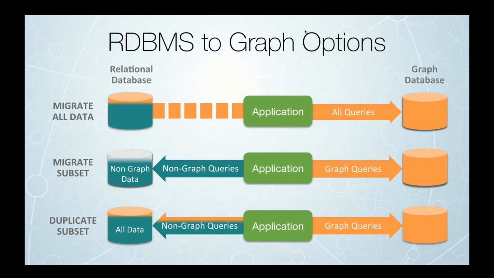And the third option here is to duplicate a subset of our data. So we may still write all of our data to the relational database, but we're only migrating over some of that to Near4J.